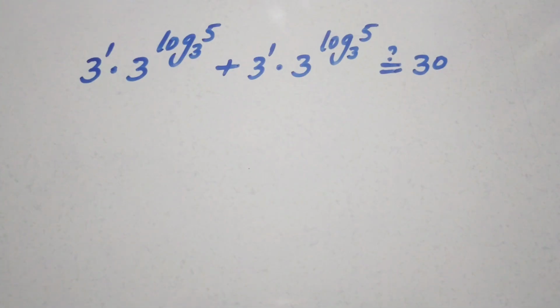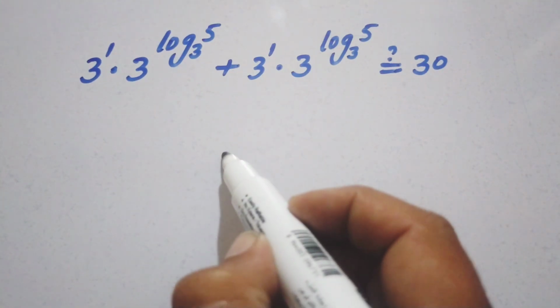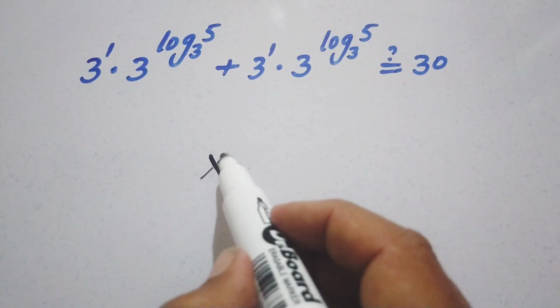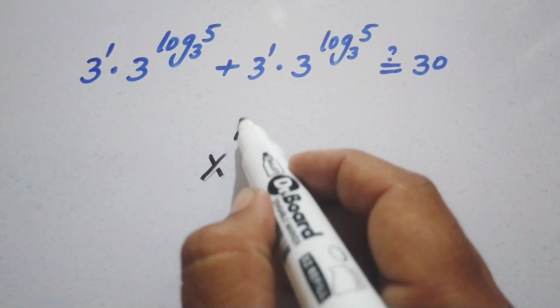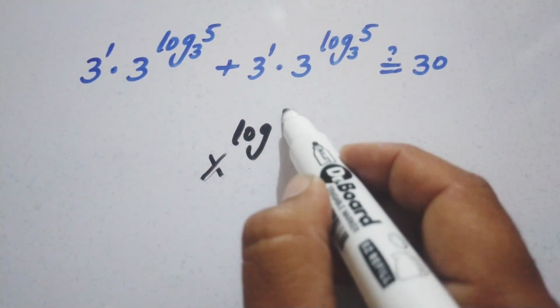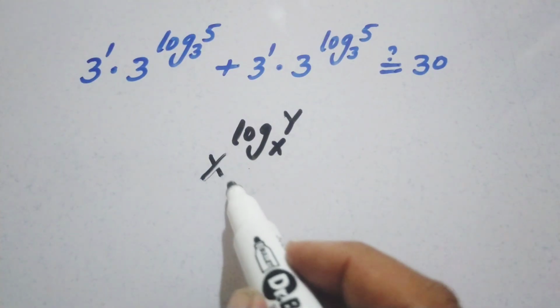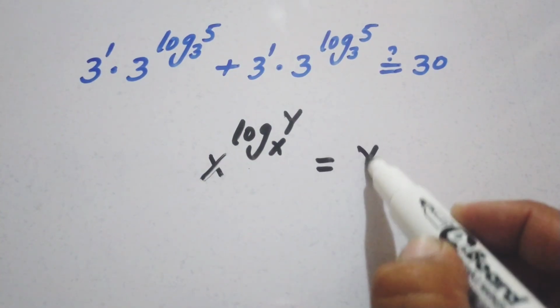Now we will use the logarithmic property that if we have x to the power log y to the base x, then this is equal to y.